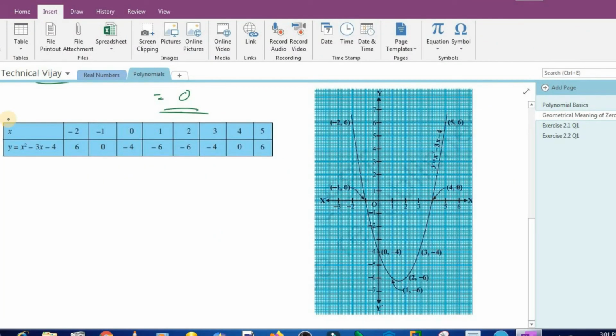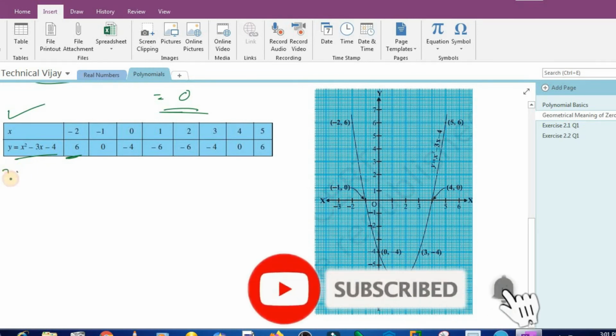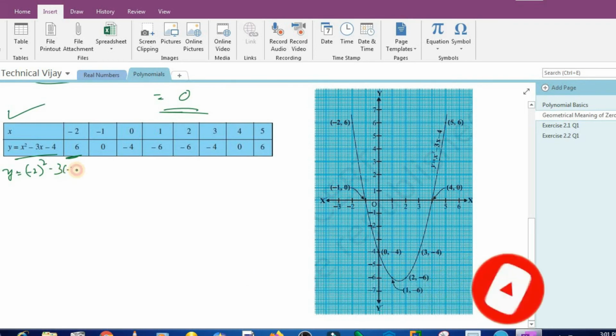So now we will take one more example, that is the quadratic equation x square minus 3x minus 4. Here we will substitute some negative values, zero and some positive values, so that we can find the value of y and accordingly plot it in the graph. For x equal to minus 2, y becomes minus 2 square minus 3 into minus 2 minus 4, which is equal to 4 plus 6 minus 4.